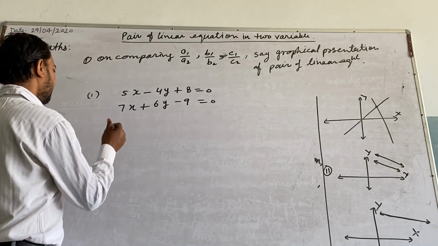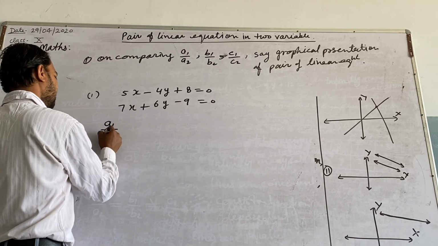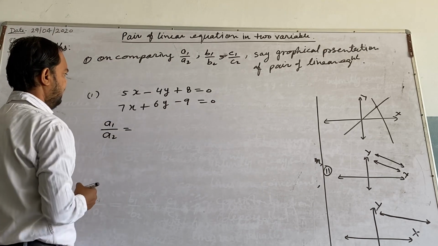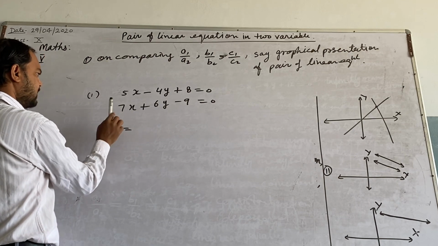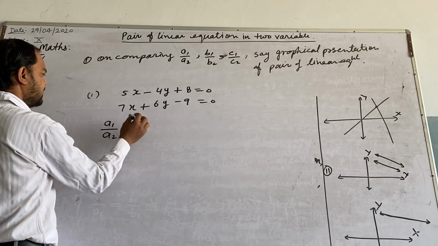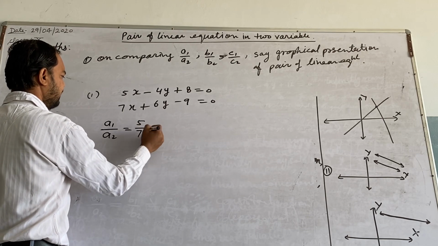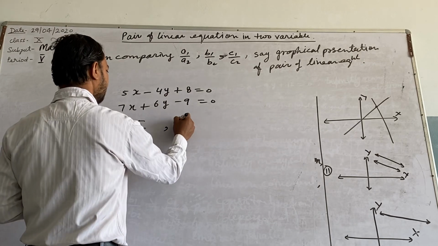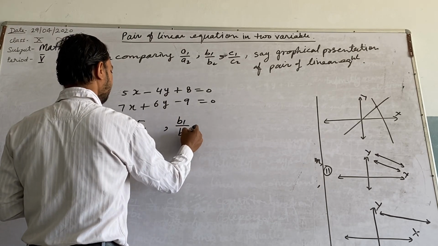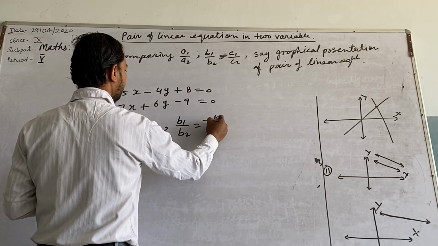So try to find the ratio a1 upon a2. a1 is the coefficient of x, a2 is the coefficient of x in the other equation. The coefficient of x is 5 in this and 7 in the other. Now find b1 upon b2, the coefficient of y. This is minus 4 upon 6.